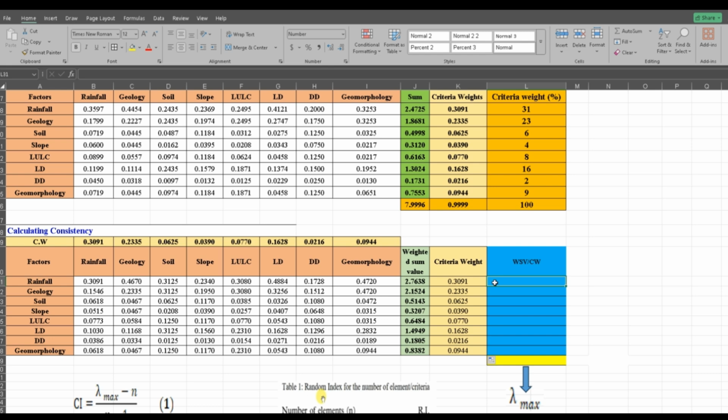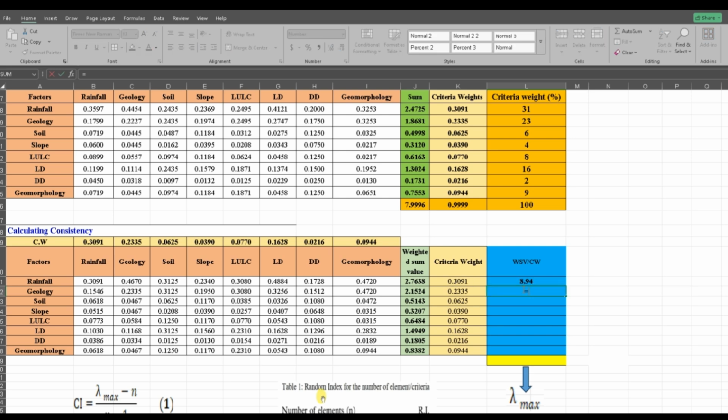Now, as a final step, we'll calculate the ratio of weighted sum value to criteria weight. This ratio is equivalent to the weighted sum value divided by the criteria weight for rainfall, which is equal to 8.94.